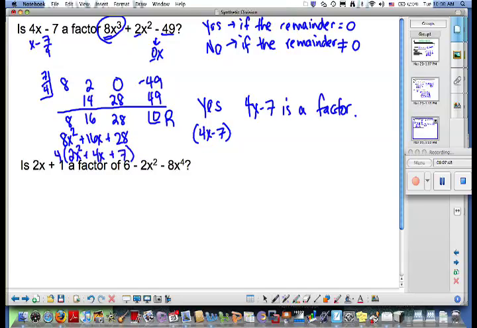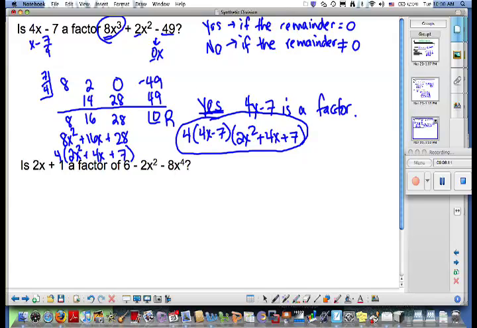So, completely factored form would be 4 times 4x minus 7 times 2x squared plus 4x plus 7, because 2x squared plus 4x plus 7 cannot be factored. So, the answer to the question asked is yes, and then if you needed to write in completely factored form, the circled answer is what you would write.